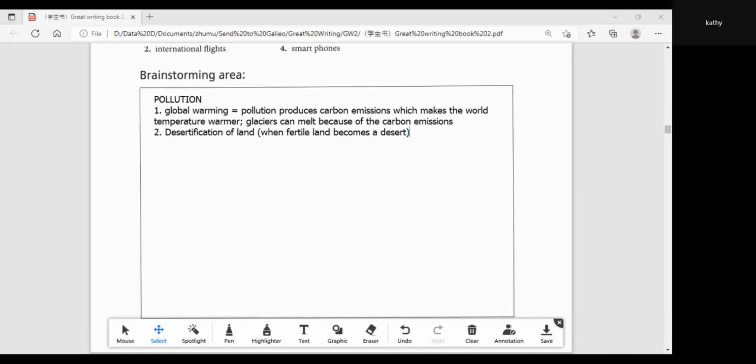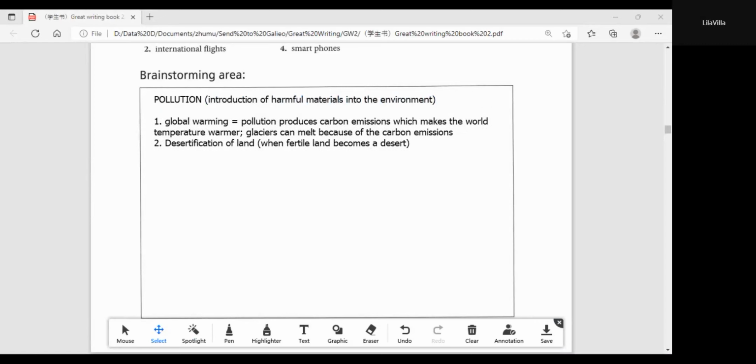Okay, let's define pollution before we go further. Pollution is the introduction of harmful materials into the environment. Although it is true that cutting down the trees is bad for the land, it's not exactly pollution, right?